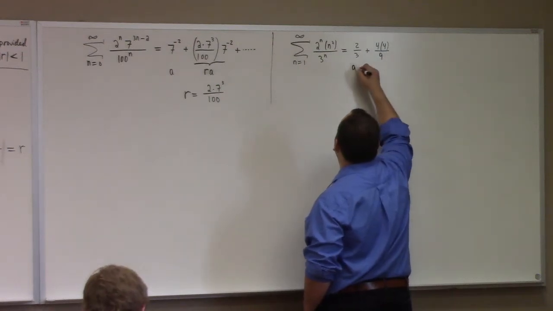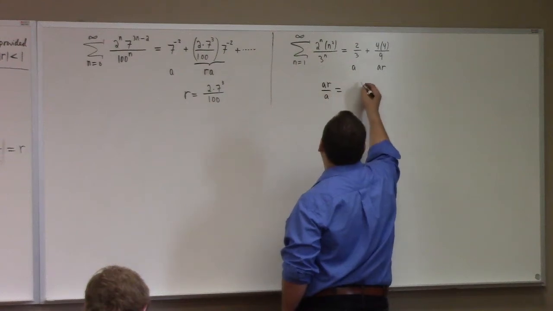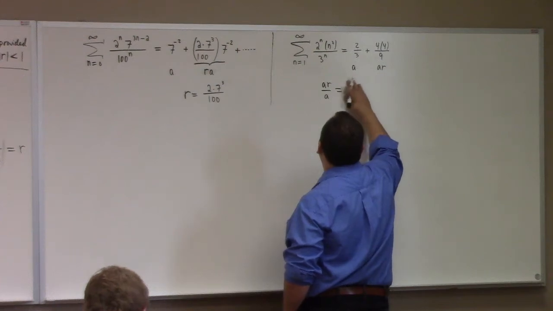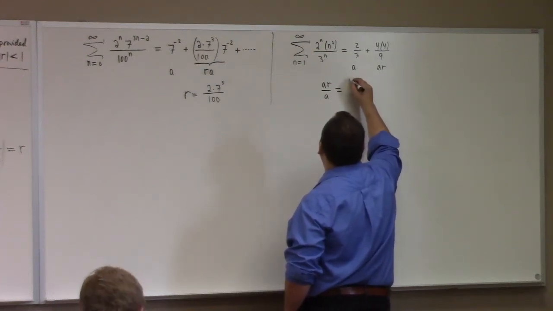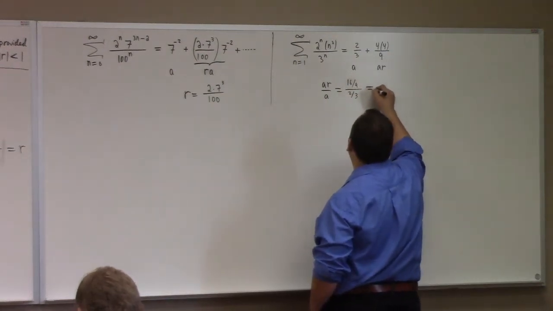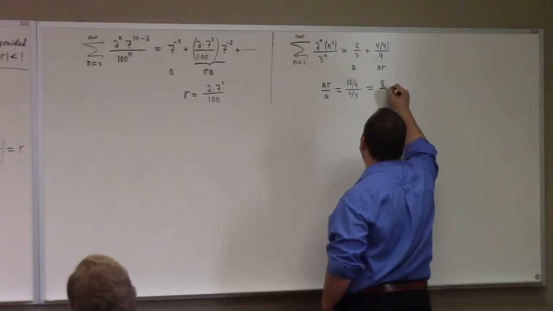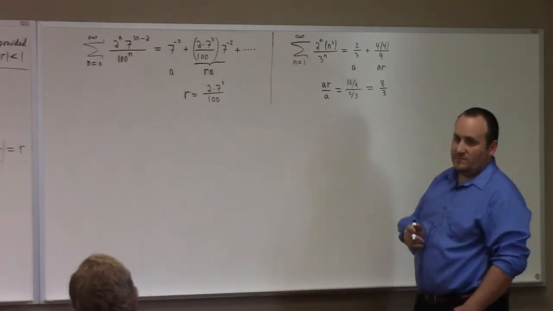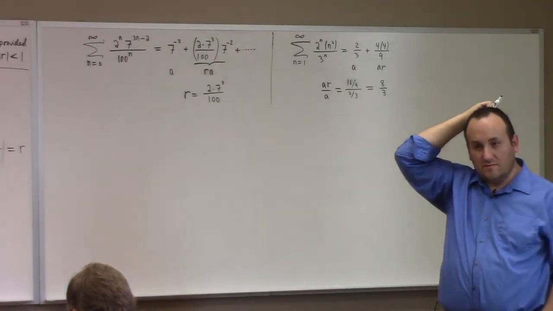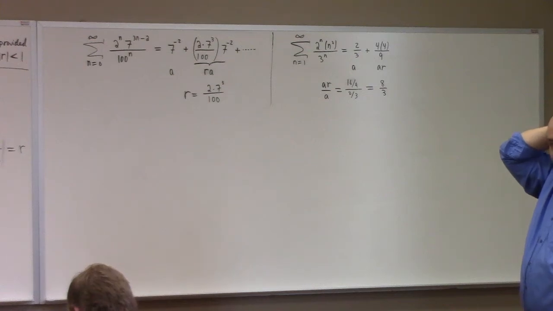So if I think of this as being A, and this as being AR, then AR over A is equal to, what is it? 16 over 9 divided by 2 over 3, which is 8 over 3, right? So this series is geometric with radius equal to 8/3. Just one problem.